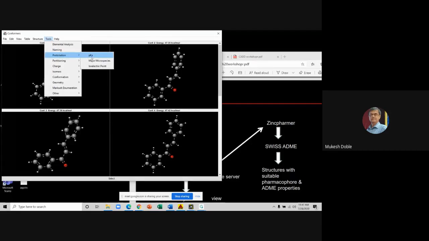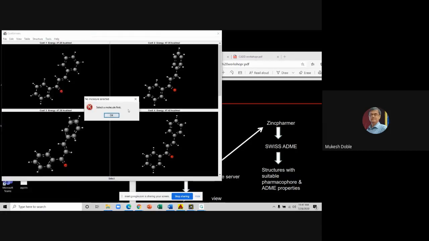Then it can calculate pKa values, geometry, topology analysis, geometry descriptors, molecular surface area. So all these descriptors.